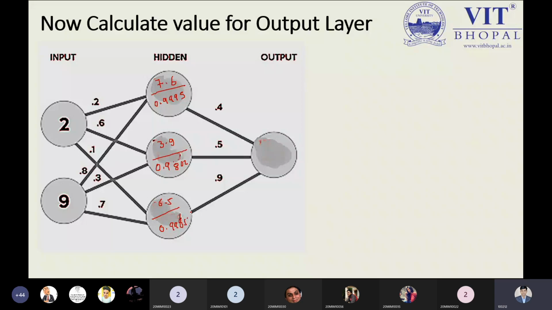So now we have the weight values for calculating the output value.